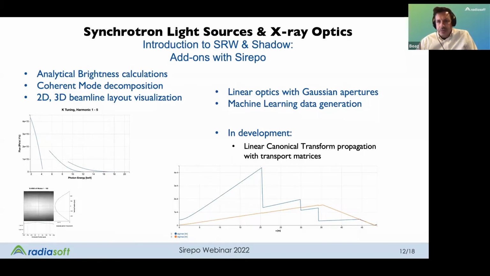In Shadow, we've added linear optics with Gaussian aperture capabilities, and then in SRW, we've added machine learning data generation. And we're developing something called linear canonical transform propagation using transport matrices that are calculated in Shadow.